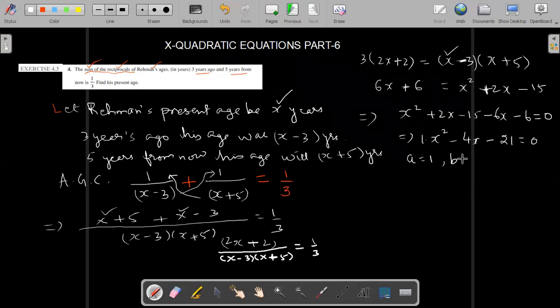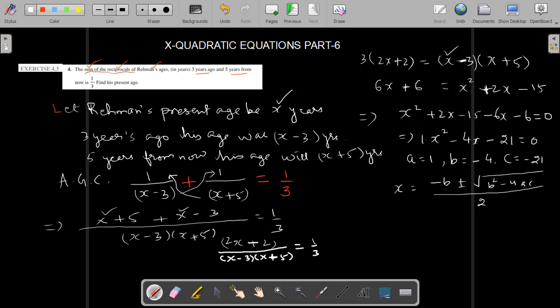A is equal to 1, B is equal to minus 4, and C is equal to minus 21. Now find the value of x. X is equal to minus B plus minus under root B square minus 4AC upon 2A.